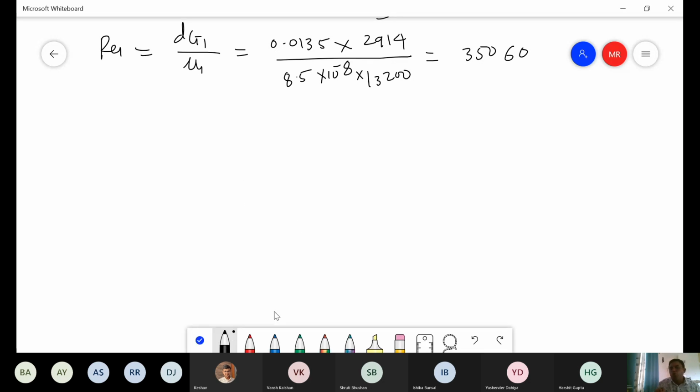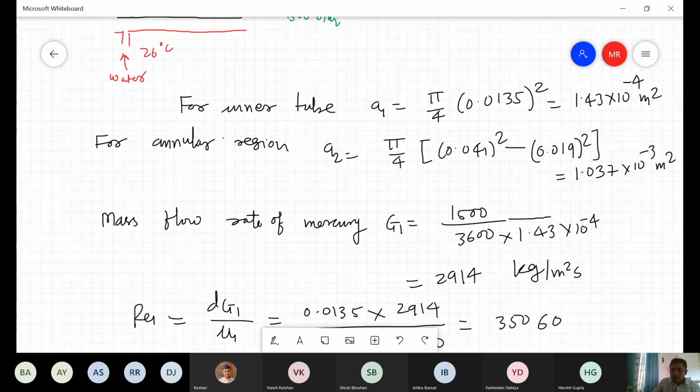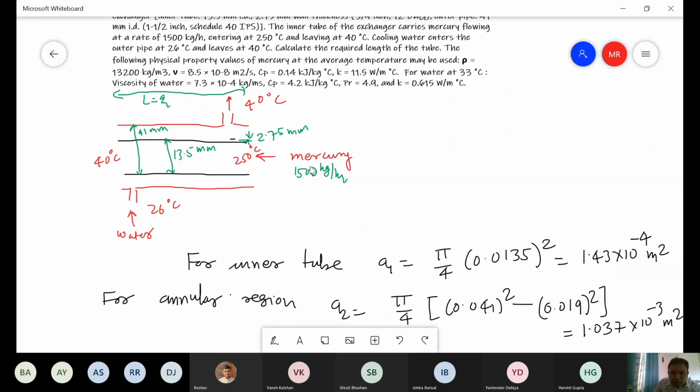So for that, we don't know the value of the mass flow rate of the water coming out. We know the temperatures, but we don't know the mass flow rate. So we can make an energy balance. Let me go back and explain again. Here the mass flow rate is known to us.